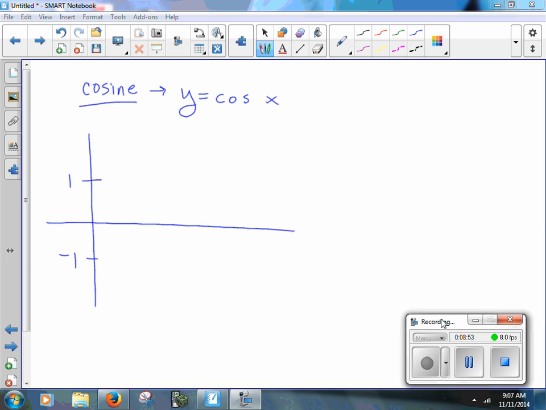It starts at 0, 1, doesn't it? So it starts here, and then what does it do? It goes down and then back up. Now, I always draw my curve for cosine, and then I go in and I put my values. One period or one revolution would be from 0 to 2 pi.